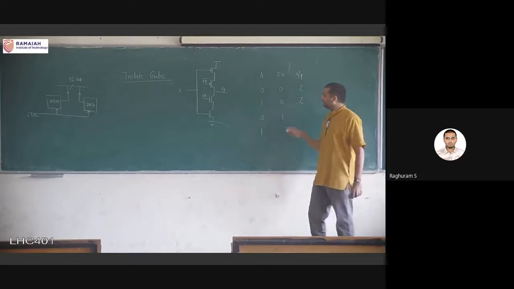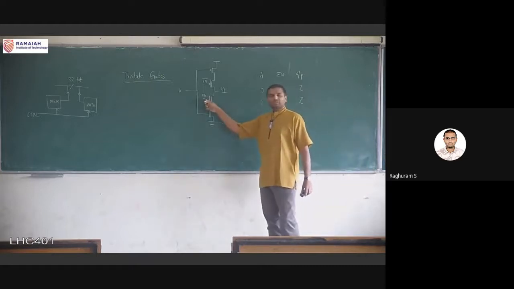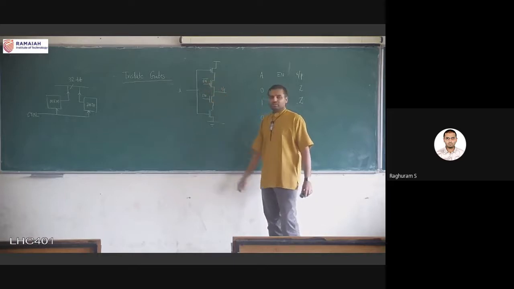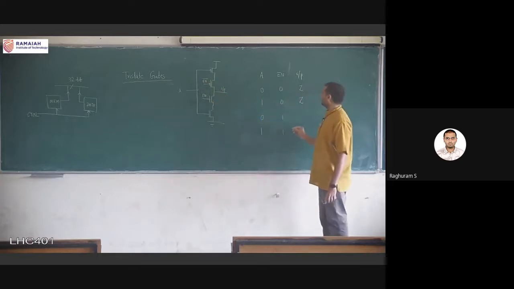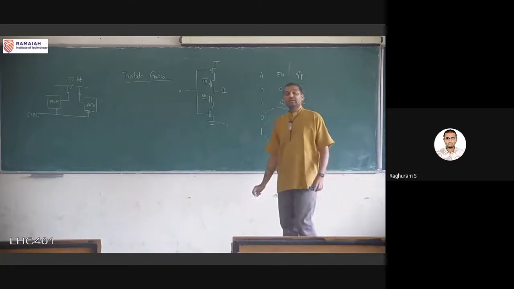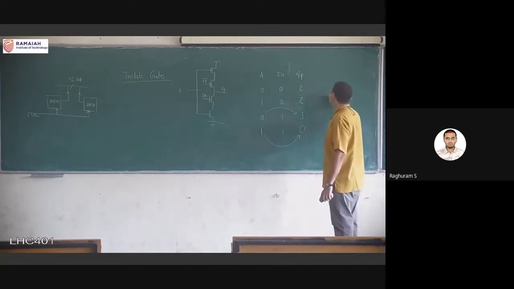When enable equal to 1, NMOS is conducting. Here I am giving enable complement, which means PMOS is also conducting. So in that case the output will be, if I give 0 I will get 1, if I give 1 I will get 0. So this is a tri-state inverter.